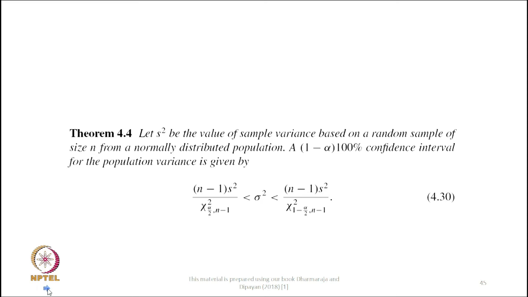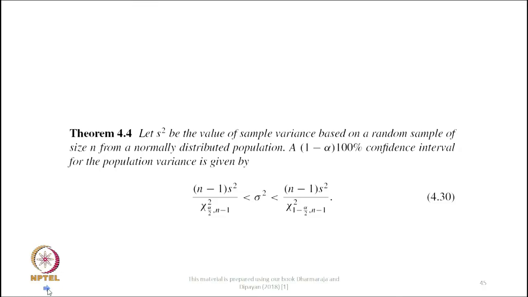Therefore, whenever you say the right tail probability is alpha by 2, you will have one notation, and when I say 1 minus alpha by 2, that means the point at which the right tail probability is 1 minus alpha by 2, denoted by chi-square 1 minus alpha by 2 comma n minus 1.